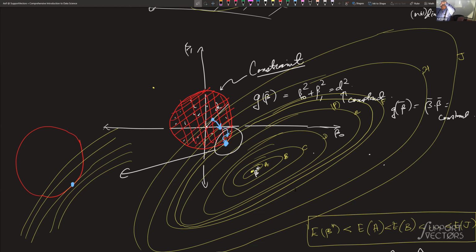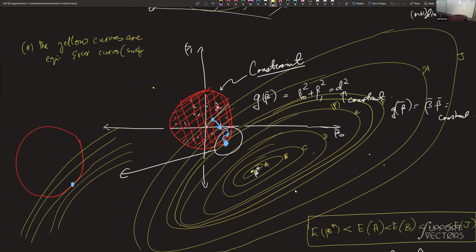Error surfaces, curves of constant error, isn't it? The yellow lines, well, not lines, yellow curves are equi-error curves, right?